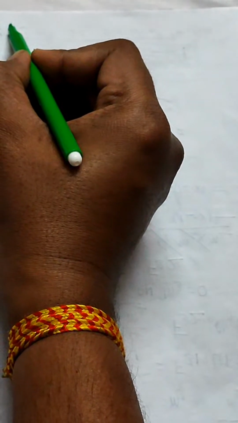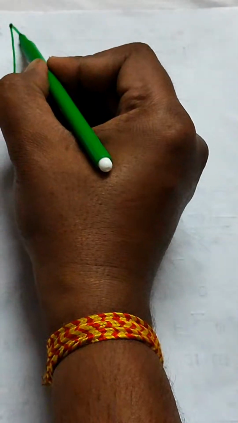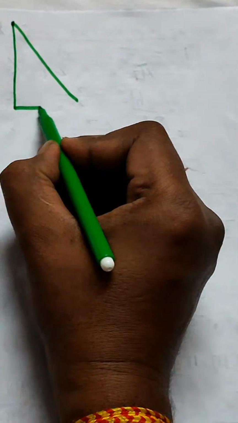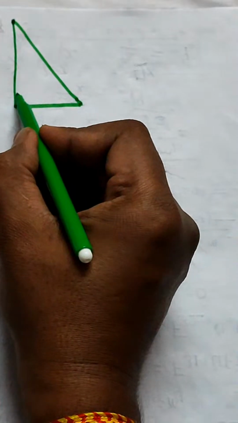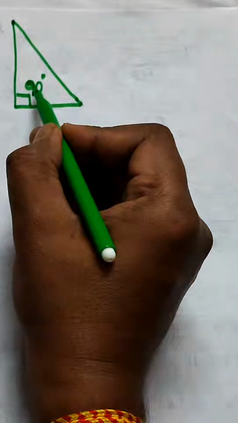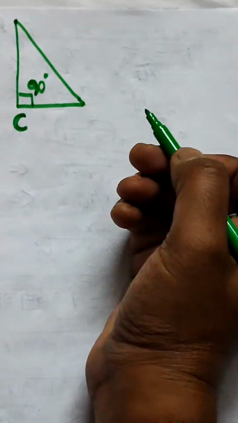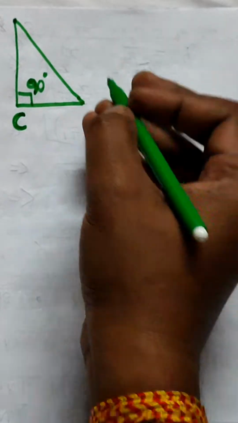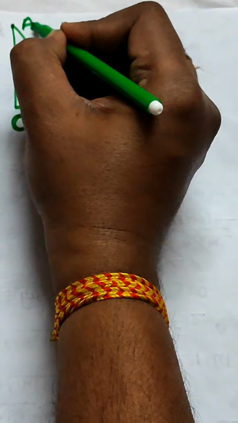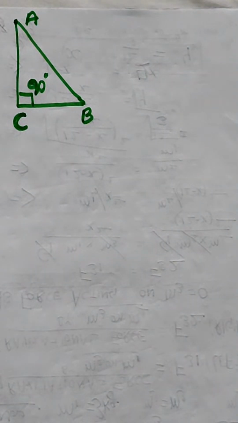So let's say this is the right angle triangle, and this is the 90 degree right angle, so right angle at C. Let's say this is C, this is A and this is B, right?